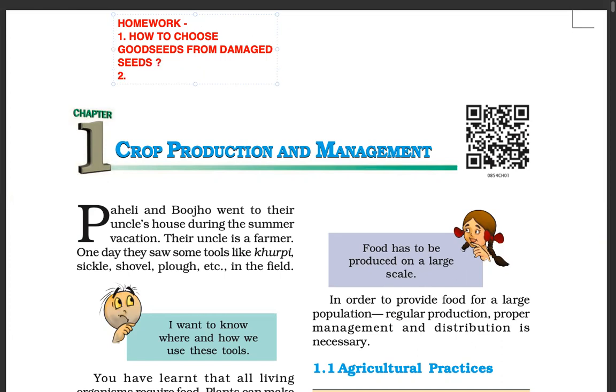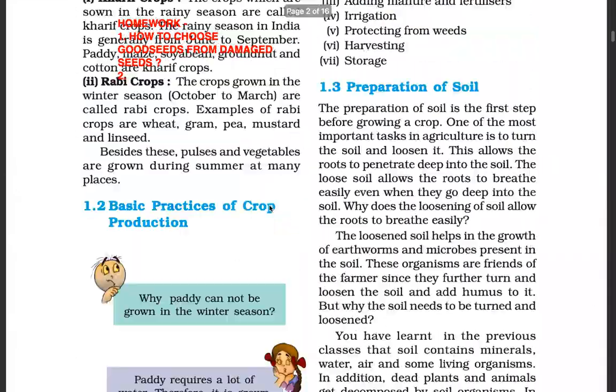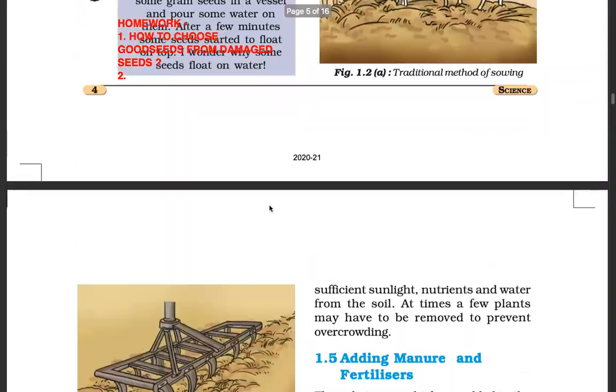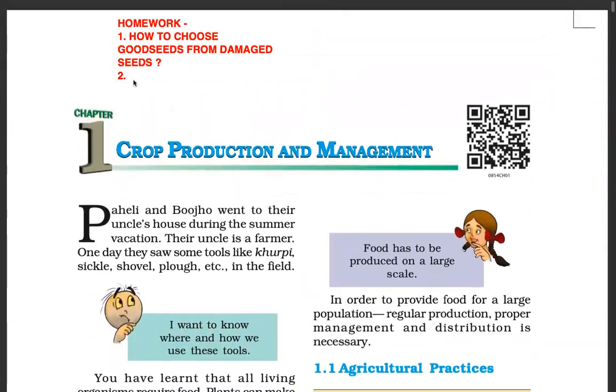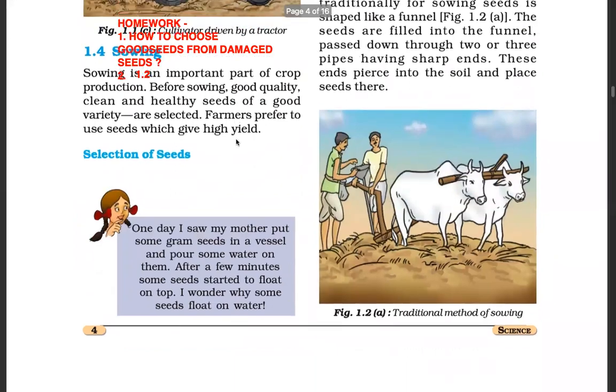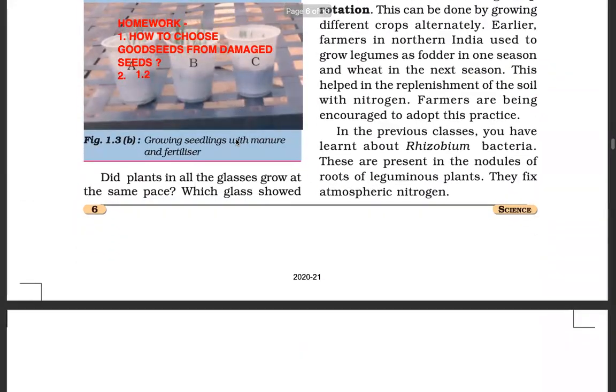And the second question is, what was that? I don't remember the activity number. It was 1.2 question, page number 6.